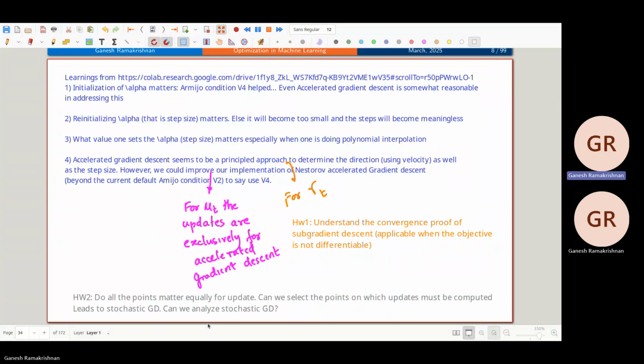And this also closely ties to how the series of step sizes behave. So the behavior of the series of step sizes matters.